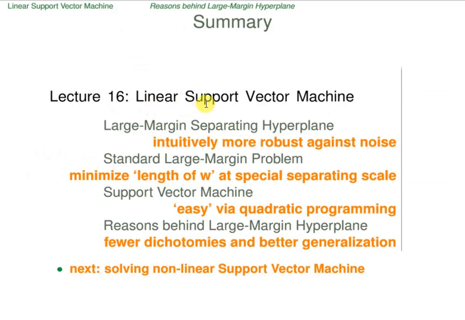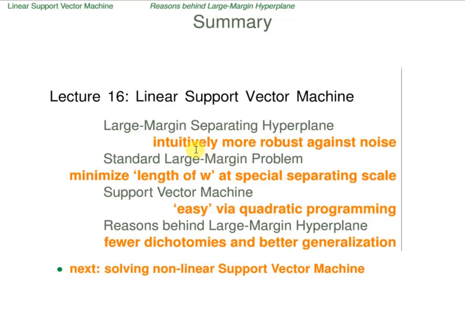So the motivation for large margin hyperplanes is that they are robust against noise and overfitting. All right, and finding the large margin hyperplanes, we said, involves minimizing the length of the weight at a special separating scale, which corresponds to maximizing the margin. And we said that support vector machines can be found using quadratic programming libraries because of the convexity and quadratic form of the optimization.